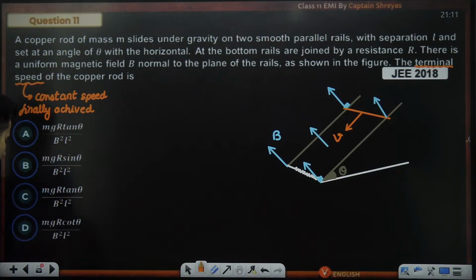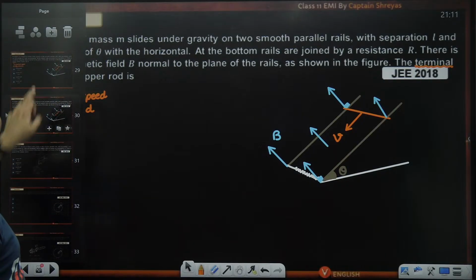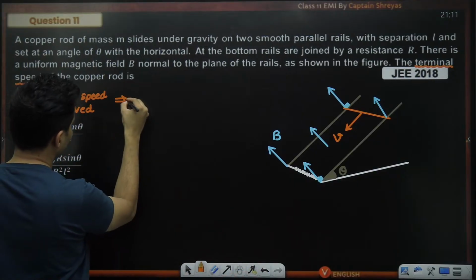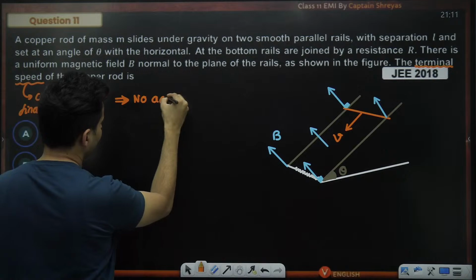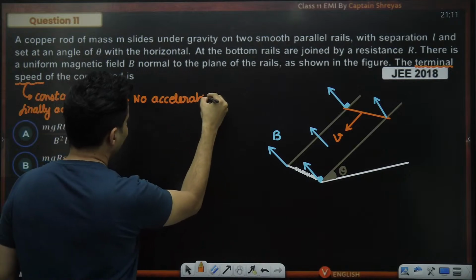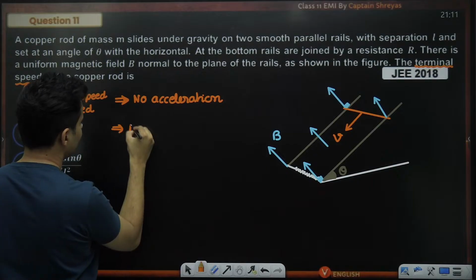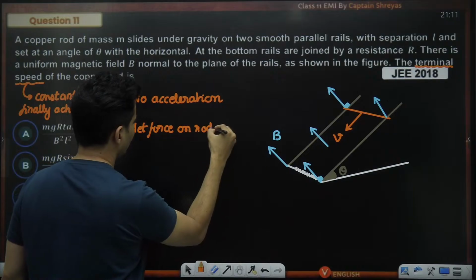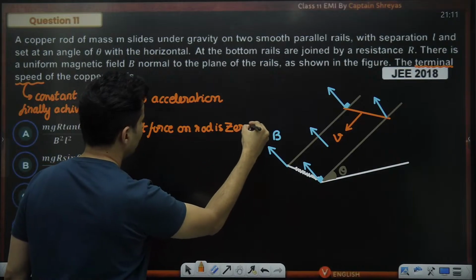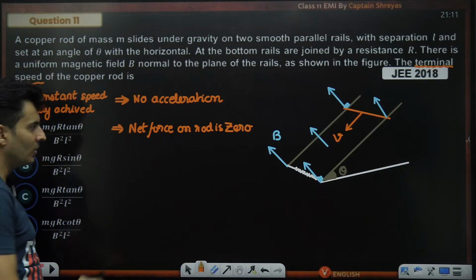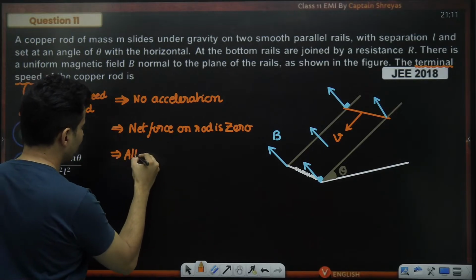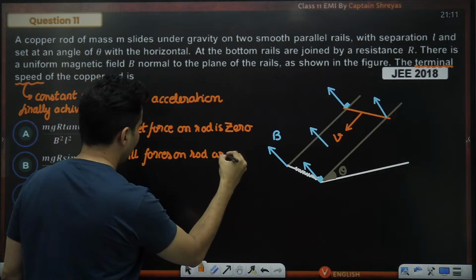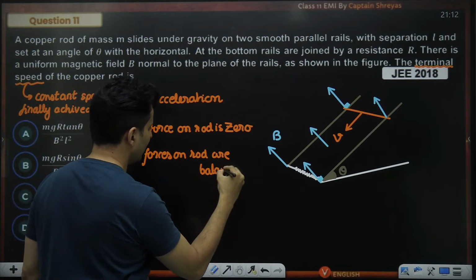And the moment I hear the word constant speed, I immediately think of no acceleration. And whenever there is no acceleration, that means net force on the rod is absolutely zero. Net force on the rod is zero. That means all forces are balanced. All the forces on the rod are going to be balanced in nature.